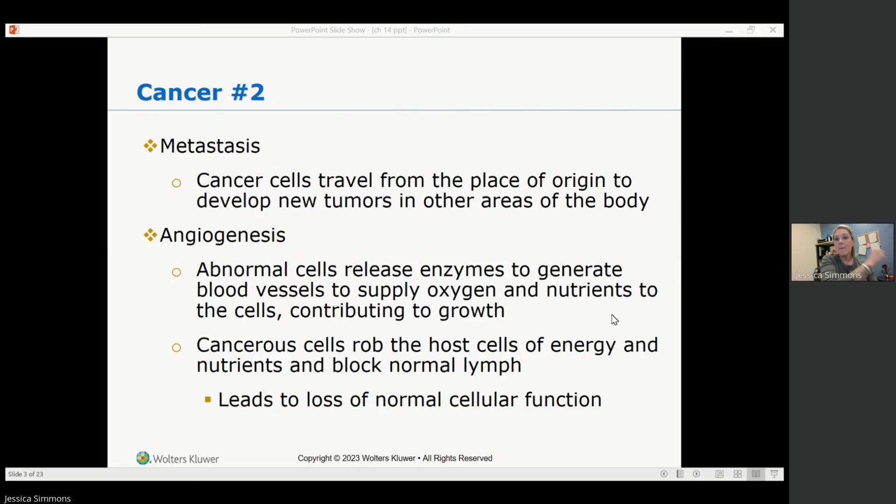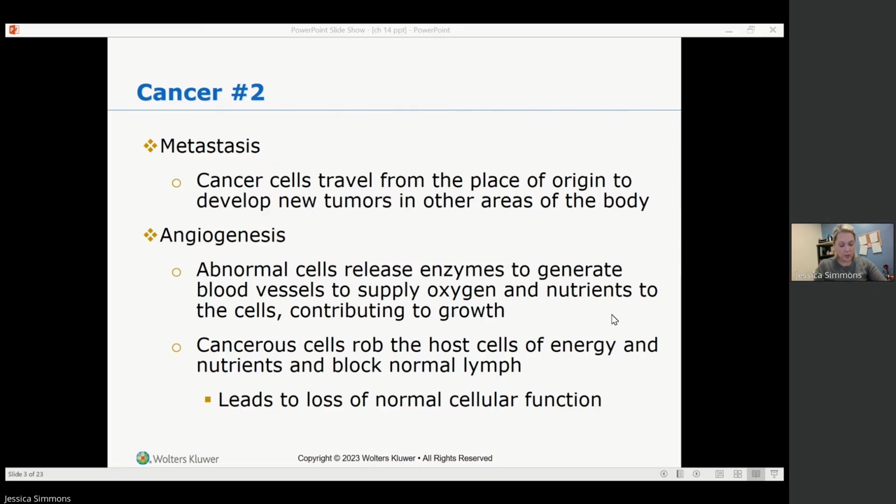It could be in the bone, it could be in the lungs, it could be in the brain, but that doesn't mean that the patient now has lung cancer, right? It means that the patient has breast cancer that has now metastasized to the lung tissue, because it's not lung cancer, it's a breast cancer cell that has caused cancer in another organ.